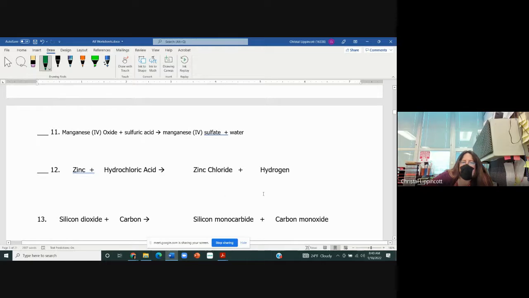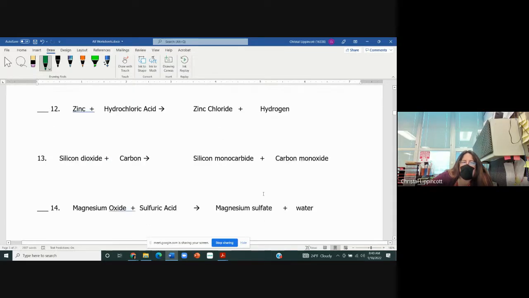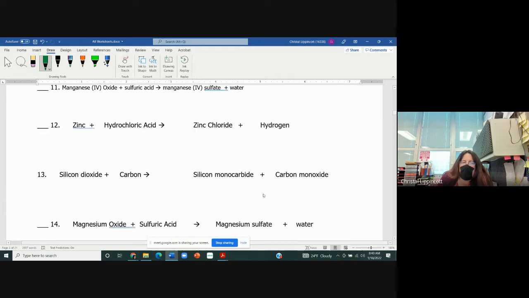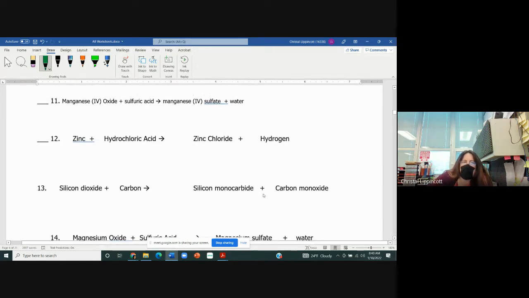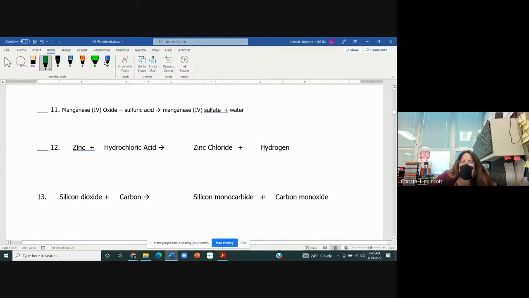All right, now this is going to have you, and there's one on here where I'm not having you identify what it is because it gets weird. But this is going to practice some of your skills, hopefully, of being able to write formulas. Now, I will tell you, for a lot of these, if you don't write the formula correctly, you will never, ever get the thing to balance.